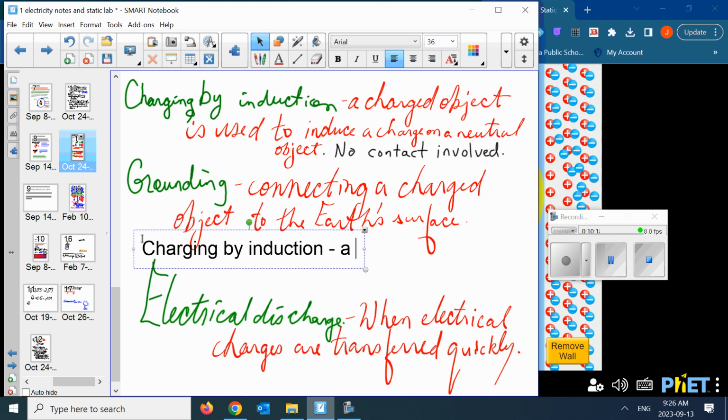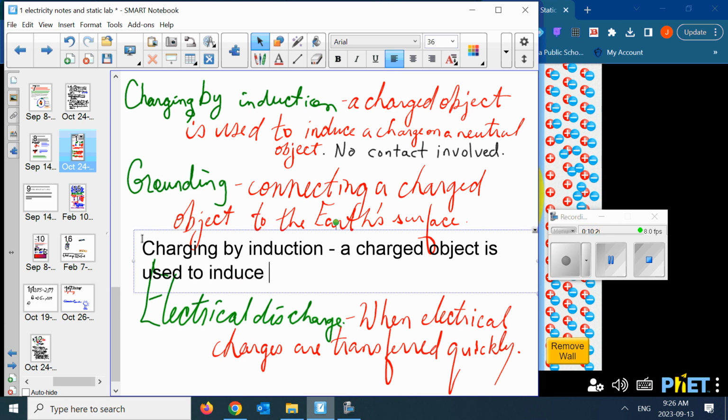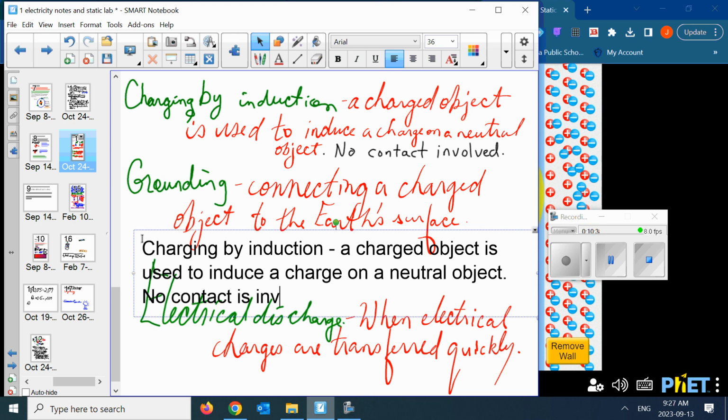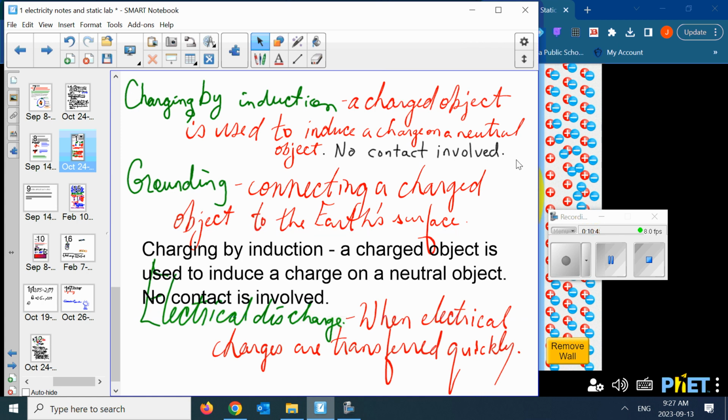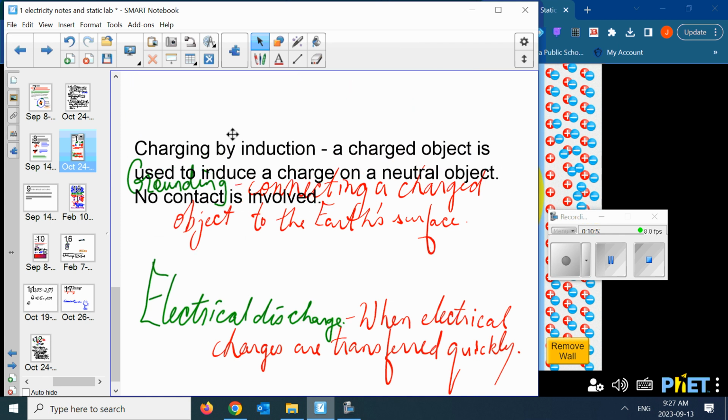And I'll replace it. Okay, I'll get rid of the beautiful handwriting. Your grandparents would be impressed if you guys had handwriting skills. But whatever.